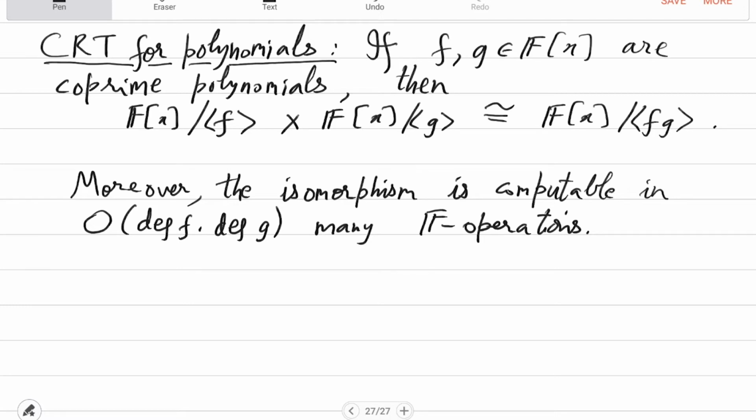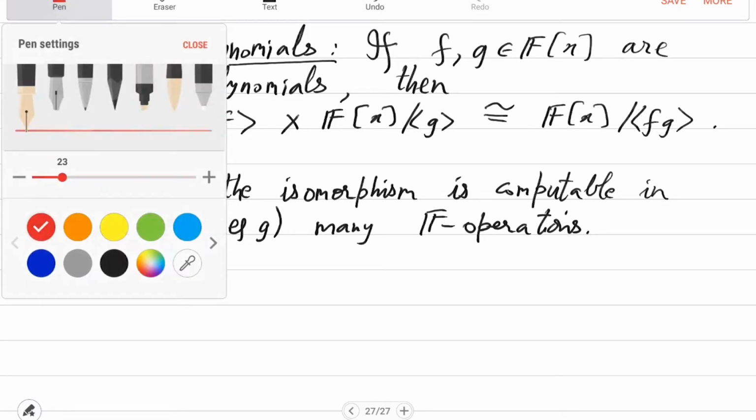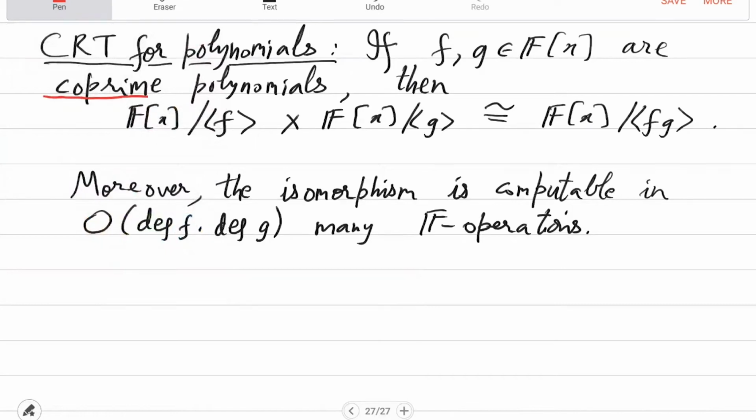And here also the co-primality is important. If they are not co-prime, then this isomorphism statement will be false. That you can easily see. If you take, for example, f to be x and g to be x squared, then mod x arithmetic versus mod x squared arithmetic, those things are very different and unrelated.